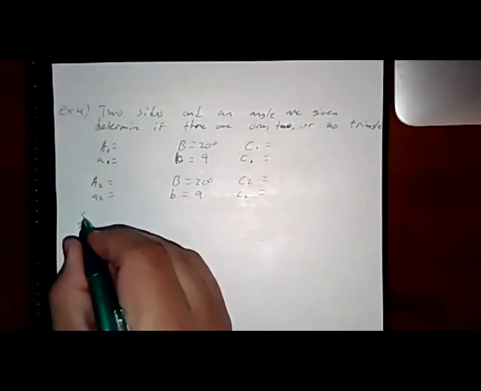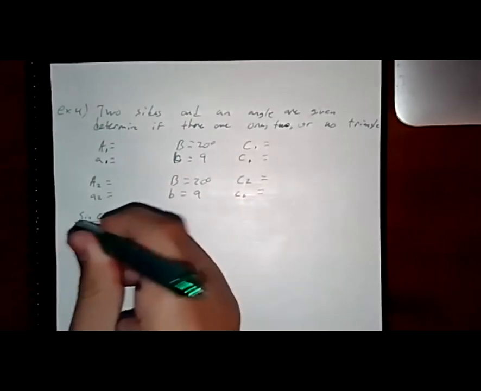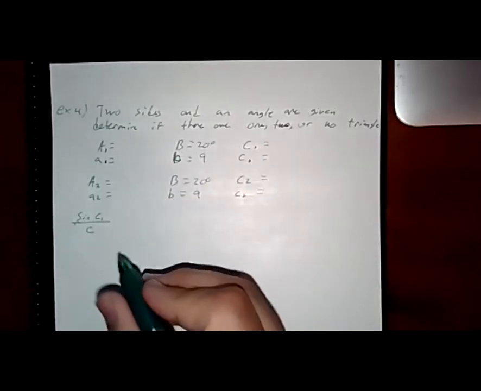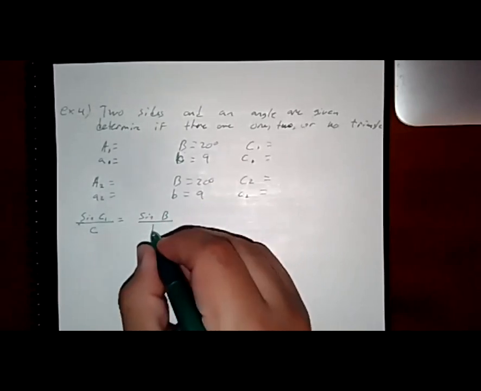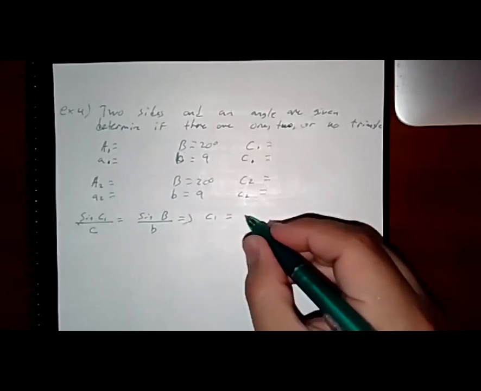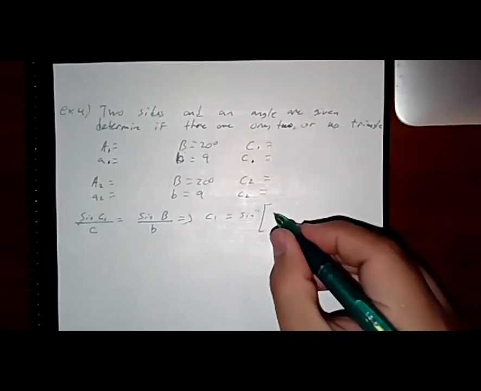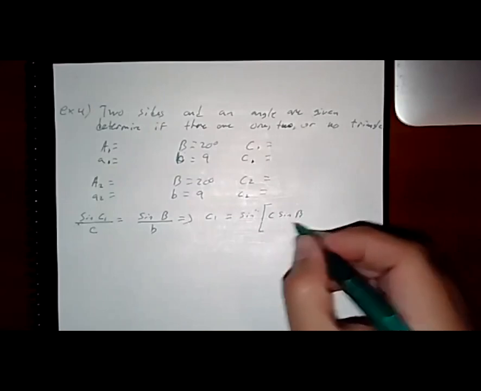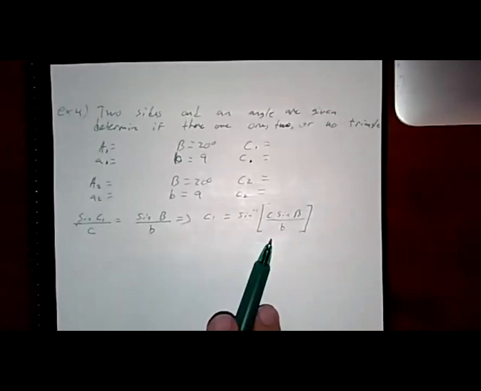So sine of C1 over C is equal to sine of B over little b, which implies that C1 is equal to sine inverse of C sine B over little b. I skipped 2 steps there. Do you see how I got here? Is that right or no?